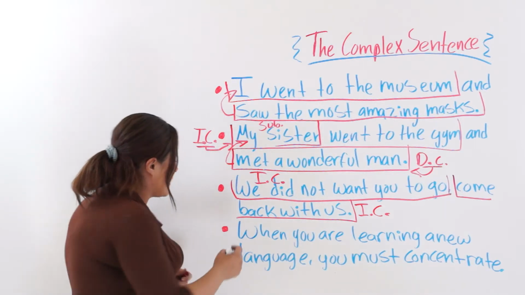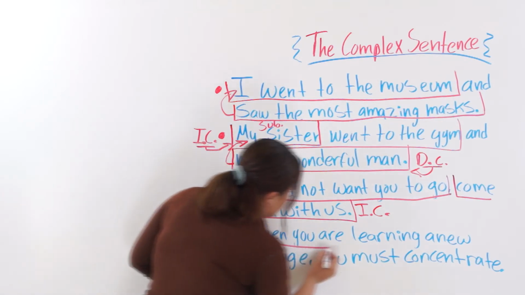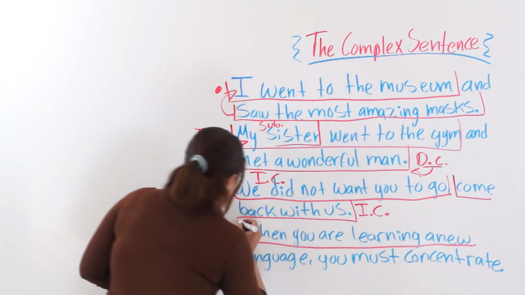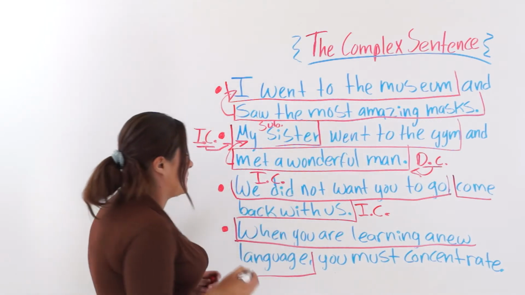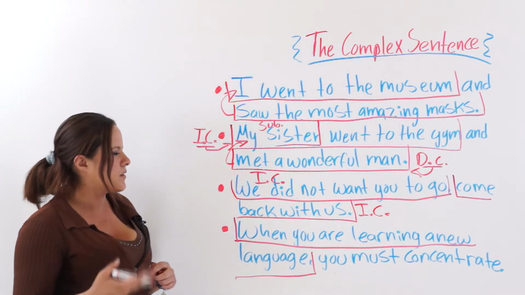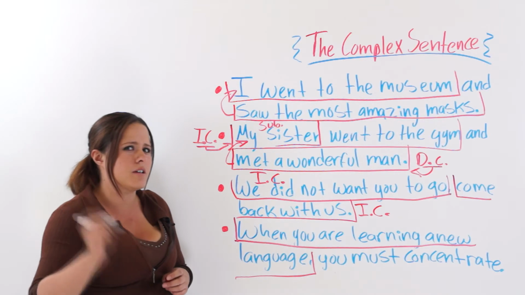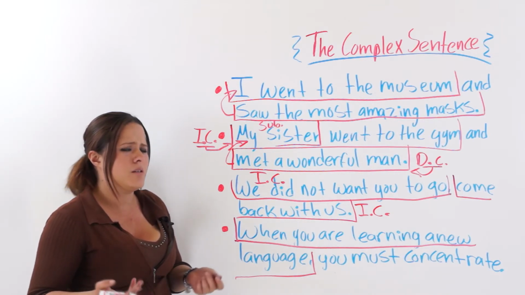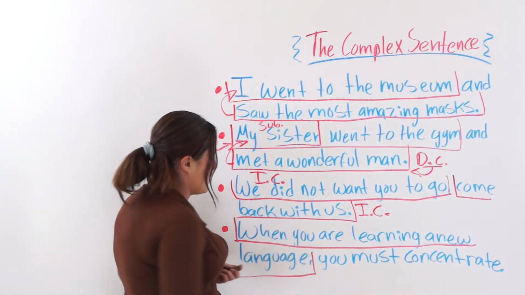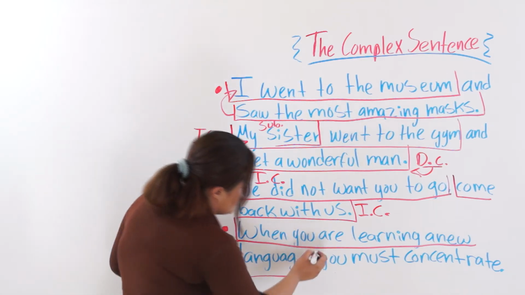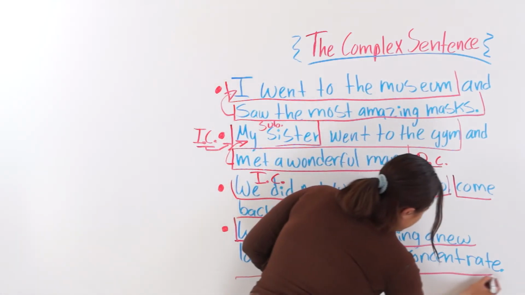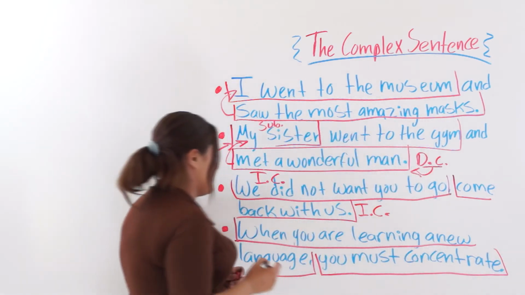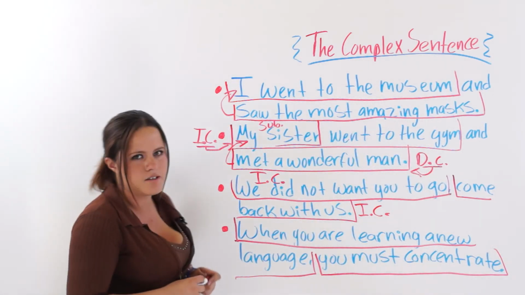And the last one says, when you are learning a new language, you must concentrate. When you are learning a new language would be the first clause we have. Is it an independent clause or a dependent clause? When you are learning a new language, period. No, it cannot be an independent clause, right? Because you need to complement it. You must concentrate.